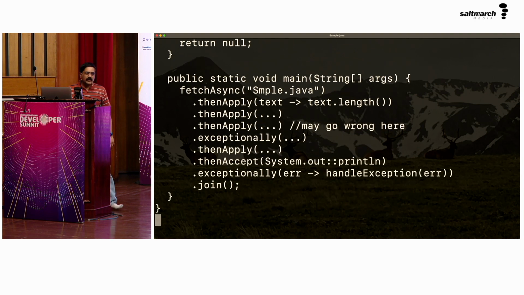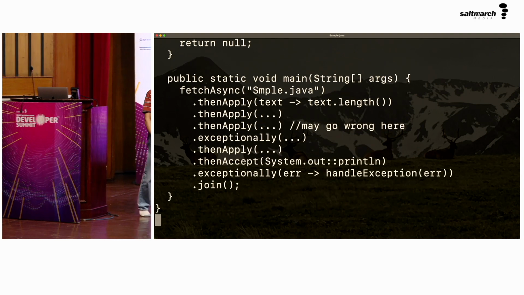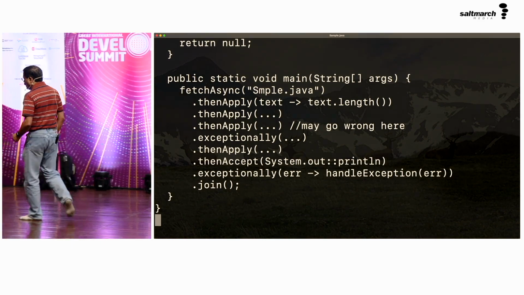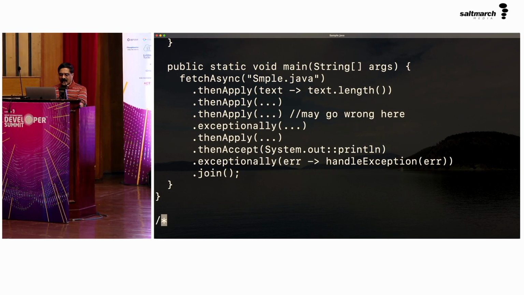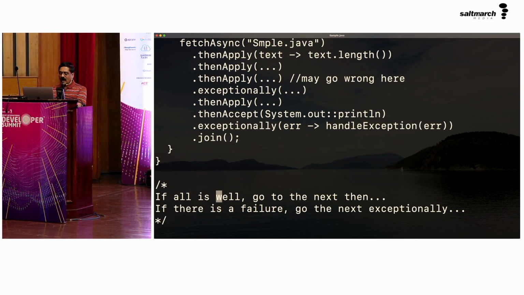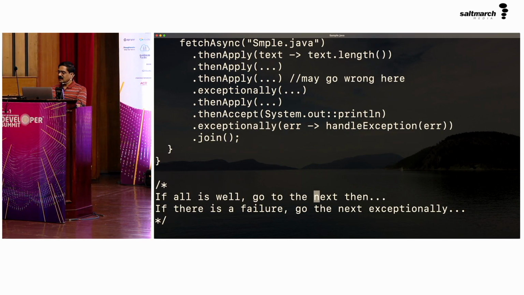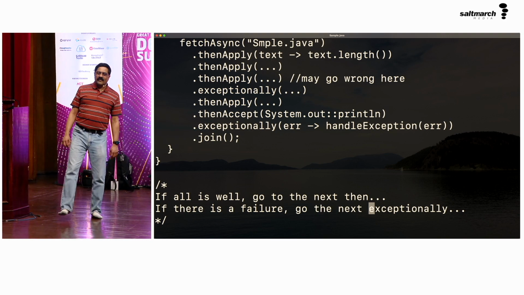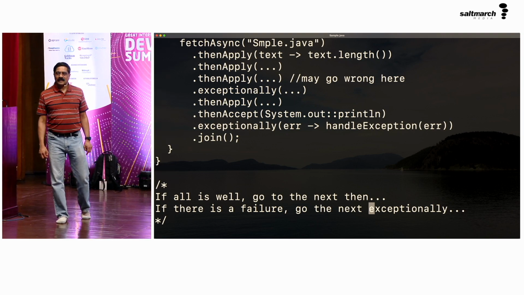Now, when you look at this code, if I tell you in English that if everything is going well, you go to the next then. If something goes wrong, you go to the next exceptionally. What do you say? You say, wow, that's a very nice idea, isn't it?